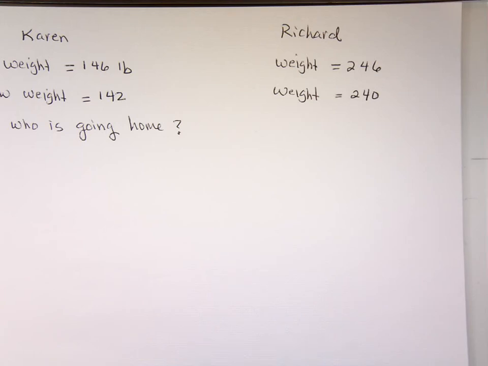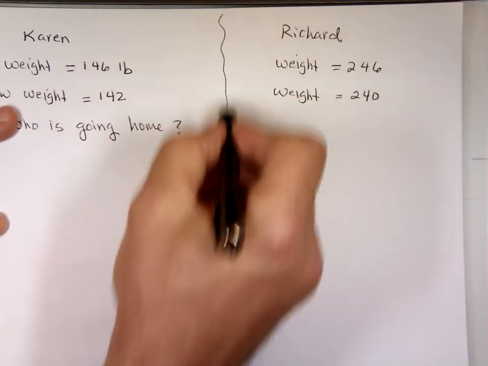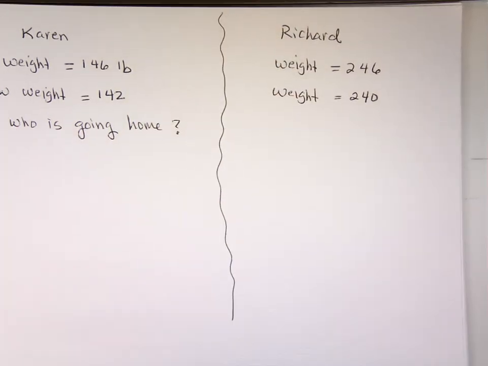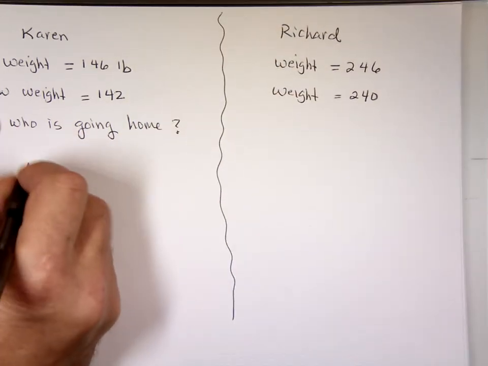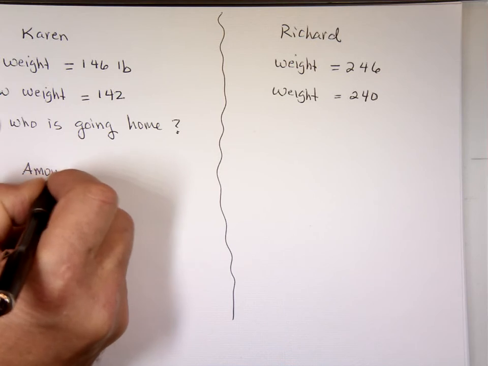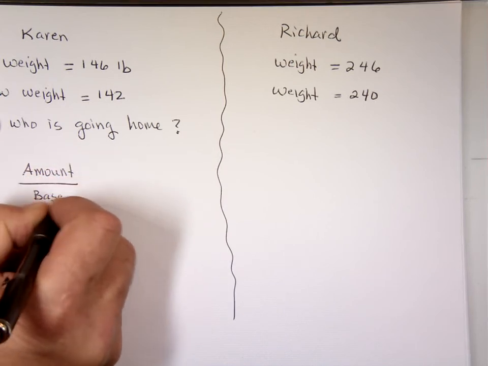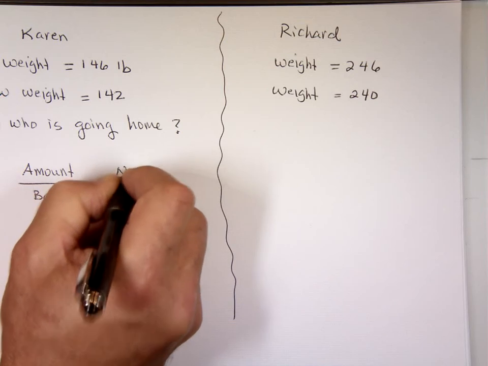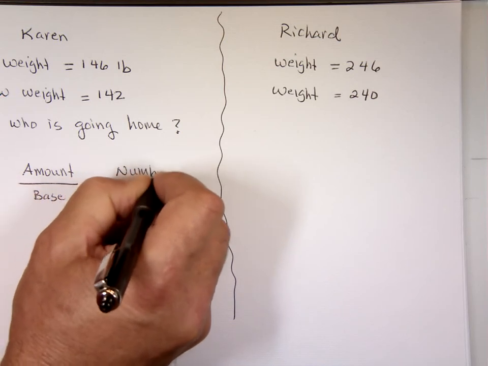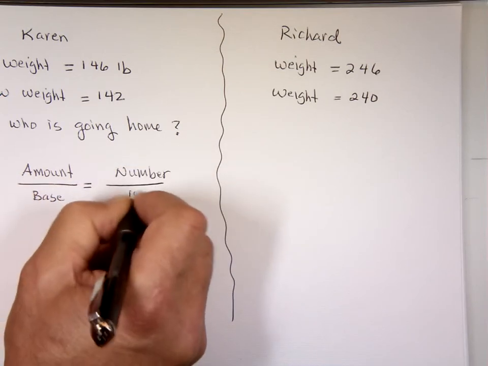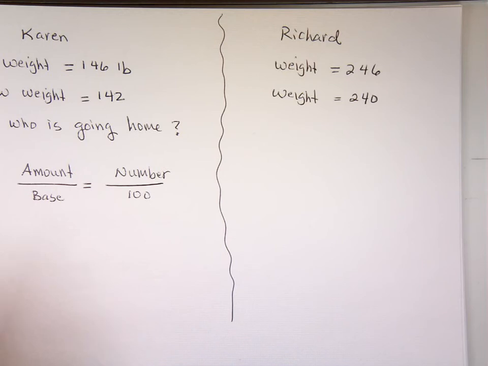So let's see. The amount to the base is equal to the number to 100. Jamie thinks Karen's going home because she lost 4 pounds. I'm saying it's not the poundage, it's the percentage.